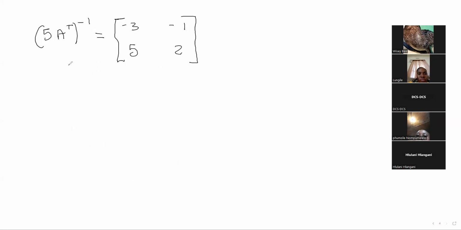And then now the question says find A, given that they will say the determinant of A is not equal to 0. In other words, it just means that there's an inverse for A, or they can just say A has an inverse.